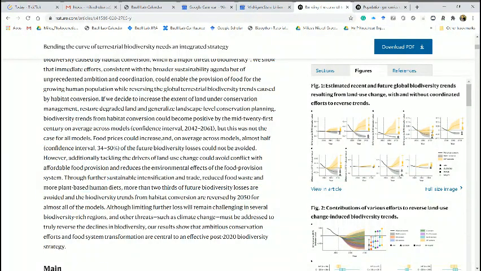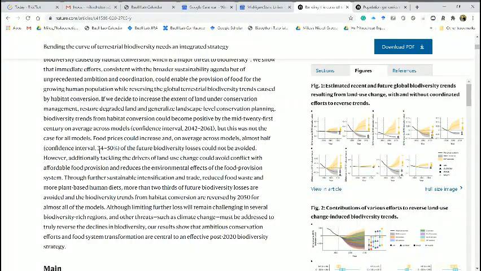But I think this paper really highlights one of the more frustrating aspects of both climate change research and biodiversity loss research, that we already know the solution to the problem.